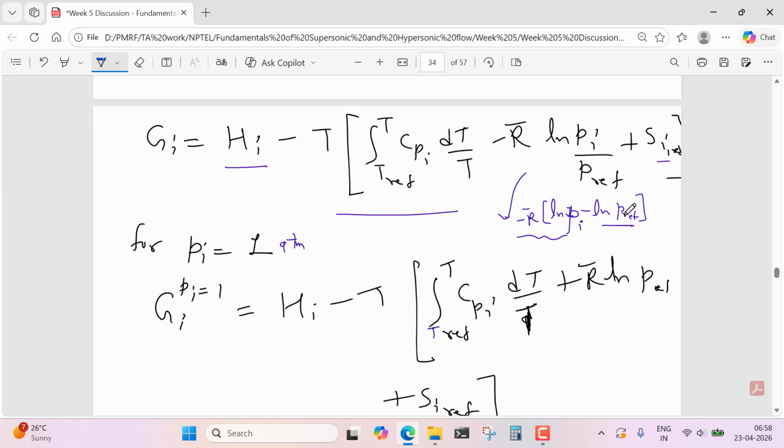Now if we put Pi equal to 1, this value will be 0.